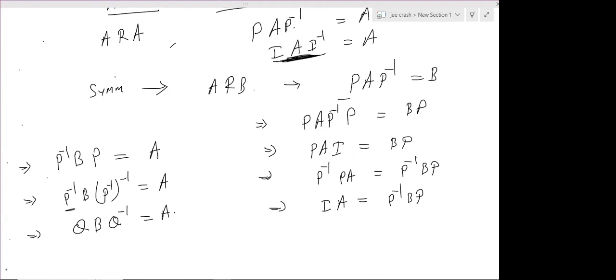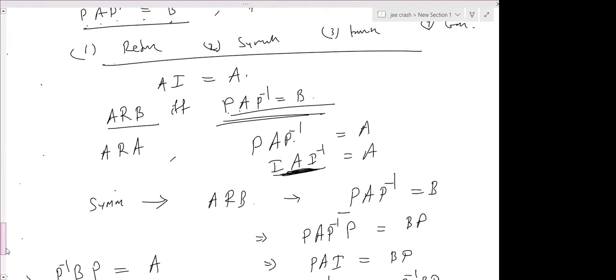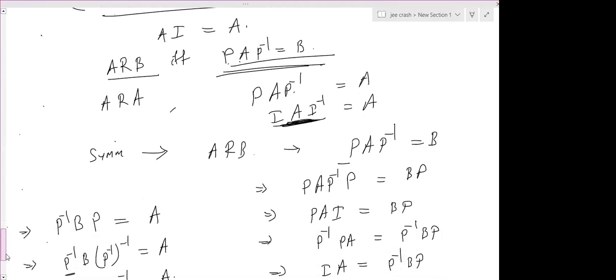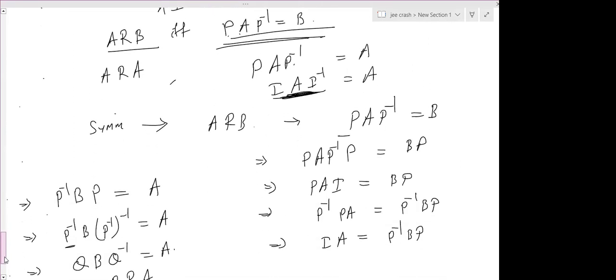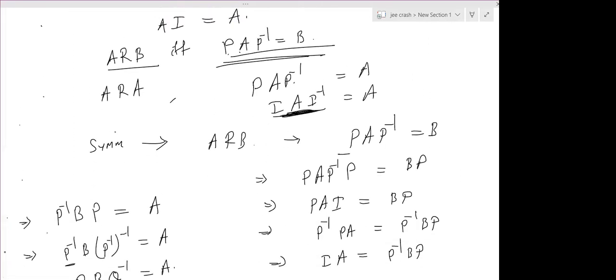So now can I say B is related to A? So this is symmetric. Yes. Please note it down and check the transitivity for yourself. This is a very good question, I believe. And check the transitivity by yourself.